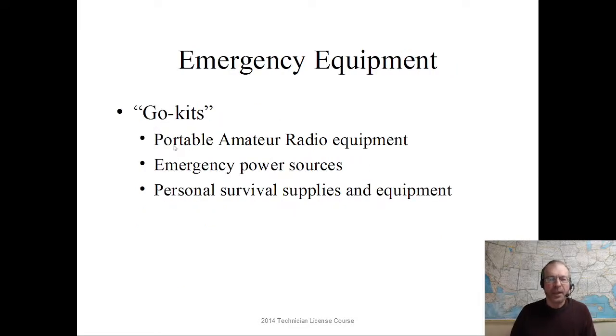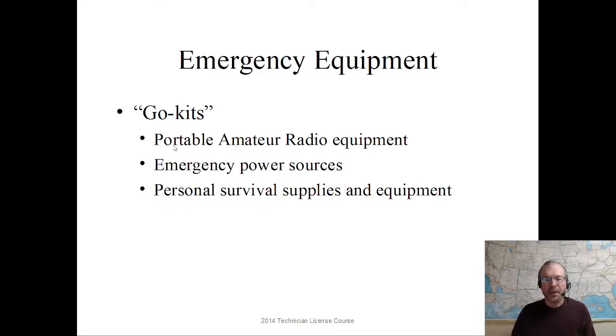Emergency equipment is important. If you're going to be involved in public service emergency responses, a Go kit is really a good idea. In fact, a Go kit is a good idea for any household. A Go kit contains portable amateur radio equipment, in the case of amateur radio operators like us, and emergency power sources.